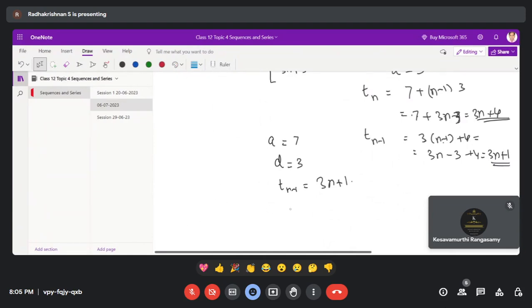So this sum is equal to, again, n minus 1 is the number of terms by 2 into first term plus last term. The first term is 7 and the last term is 3n plus 1.